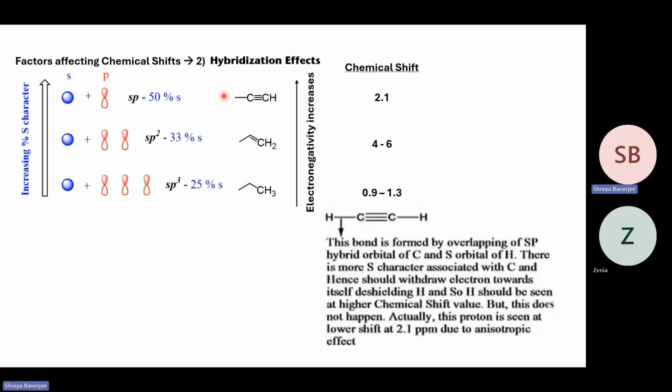So they will both withdraw more electron density towards themselves, making the hydrogens more positive and increasing chemical shift. So compared to sp3, the trend can be understood. But between sp and sp2, there is an anomaly if we only consider hybridization. Because according to hybridization, sp should have the highest chemical shift. But that is not what happens. So what is this additional effect?